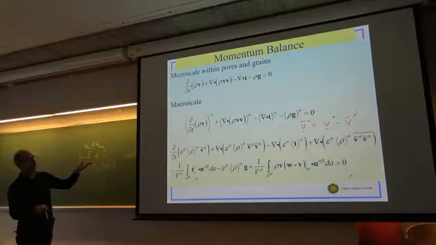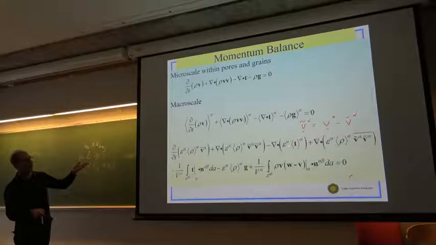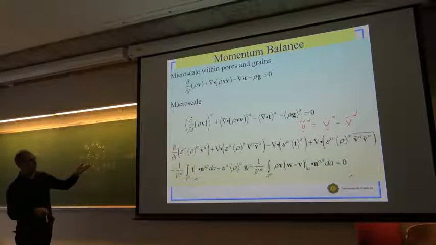Now, from del dot T alpha, we get the divergence of epsilon alpha T alpha, and from the spatial averaging theorem we get a term related to the dot product of the stress tensor at the boundary between fluid and solid.